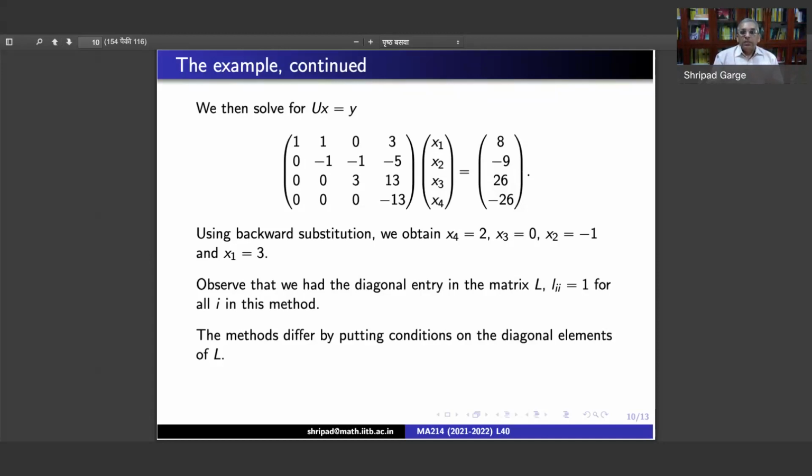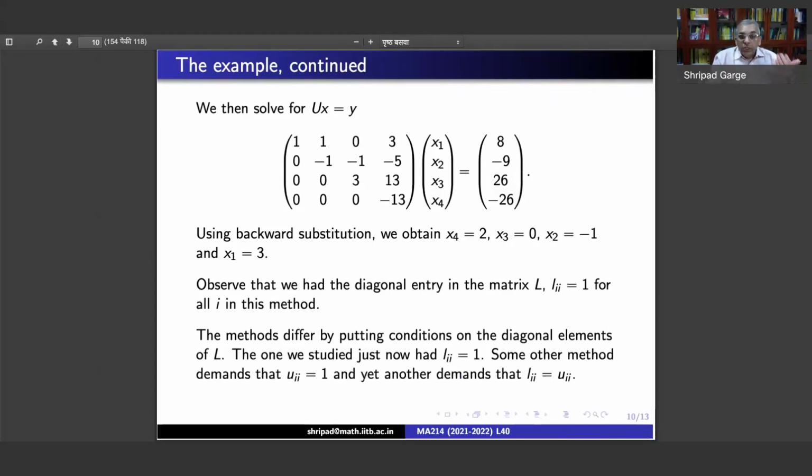Sometimes people say that your U_ii has to be 1. So instead of taking L_ii equal to 1, some people demand that U_ii equal to 1. So there, after obtaining the lower triangular matrix, you multiply by the diagonal entry to the lower triangular part and by its inverse to the upper triangular part, so that the upper triangular matrix has diagonal entries 1.